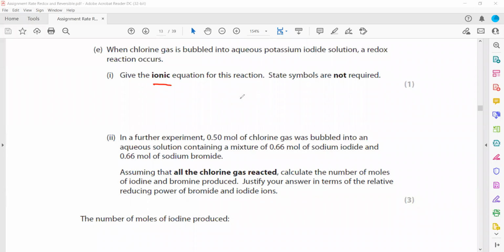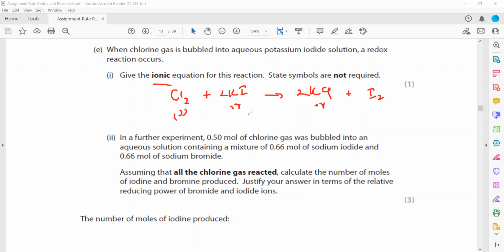First I will write a full equation and then the ionic equation. We have a chlorine molecule and aqueous potassium iodide. Chlorine is more reactive, so chlorine will displace iodine. It will form aqueous potassium chloride plus iodine molecule.